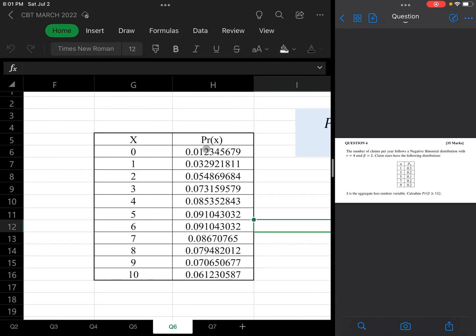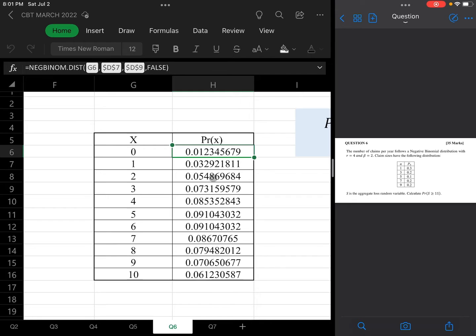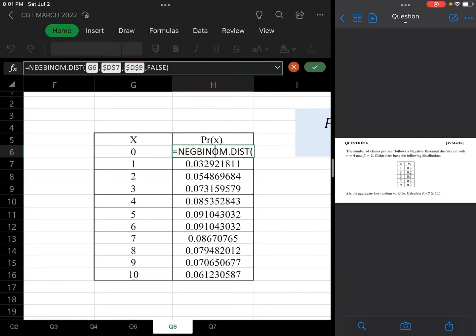We can do this by using the negative binomial distribution feature of Excel. For example, when x is equal to 0, the probability of x is 0.01234567. This can be computed by using the negative binomial distribution feature of Excel. The first value we substitute should be the number of failures.